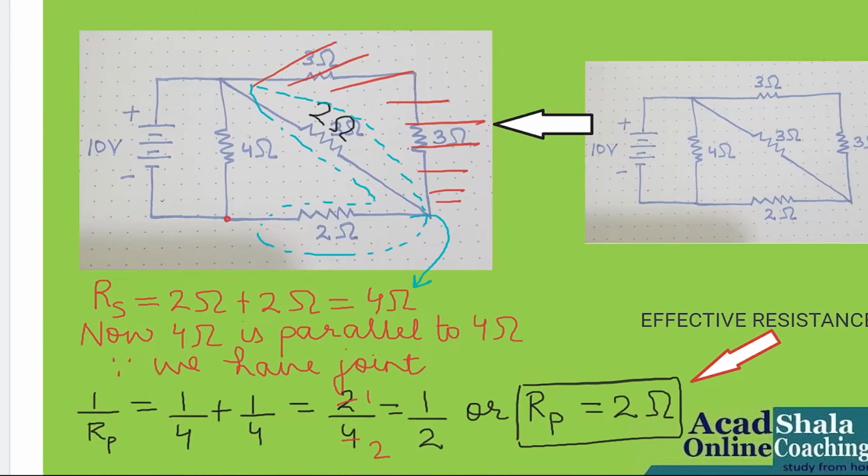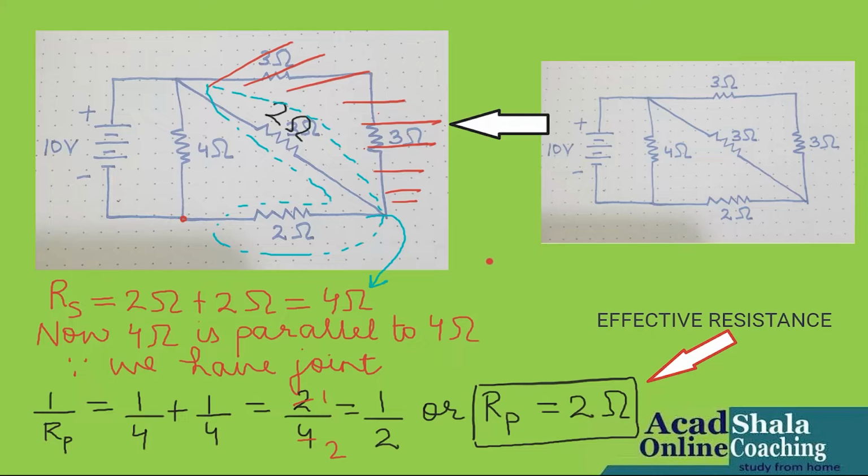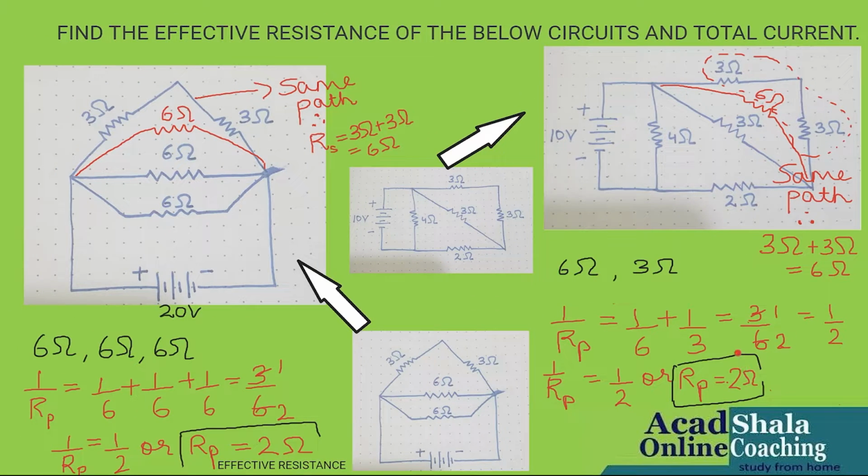Okay, after calculating the effective resistance, now what do I have to do? After doing this, I got 2 ohm over here. So after calculating, I got 2 ohm.